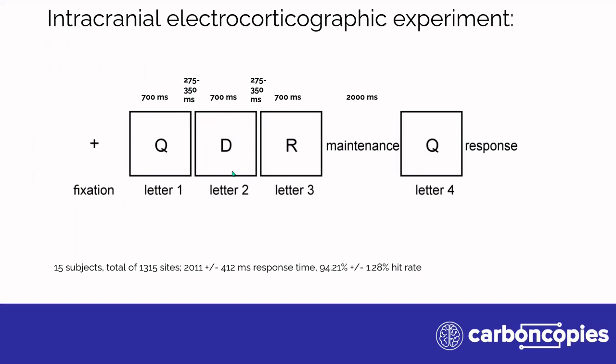Then the next letter was shown for 700 milliseconds, again, a variable pause between that and the next letter. And then there was a maintenance period in which no letters were shown of 2000 milliseconds or 2 seconds. And then finally, there was a probe letter that was presented, and the patients were asked to respond.